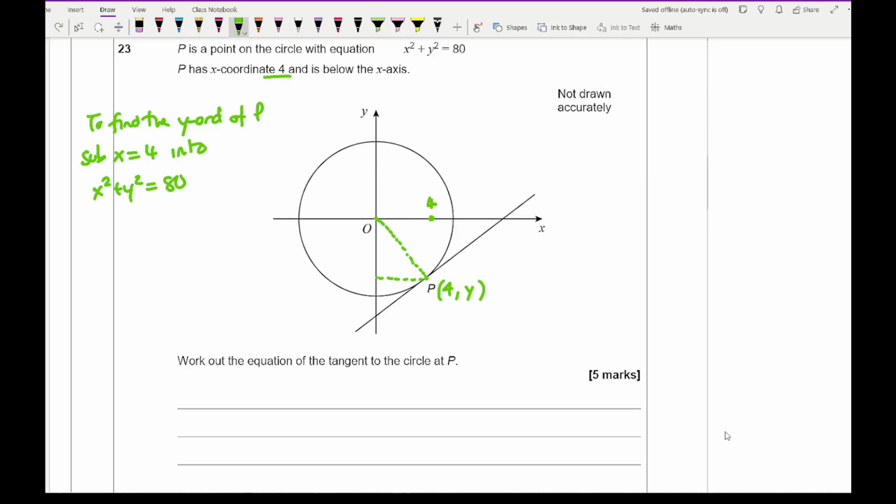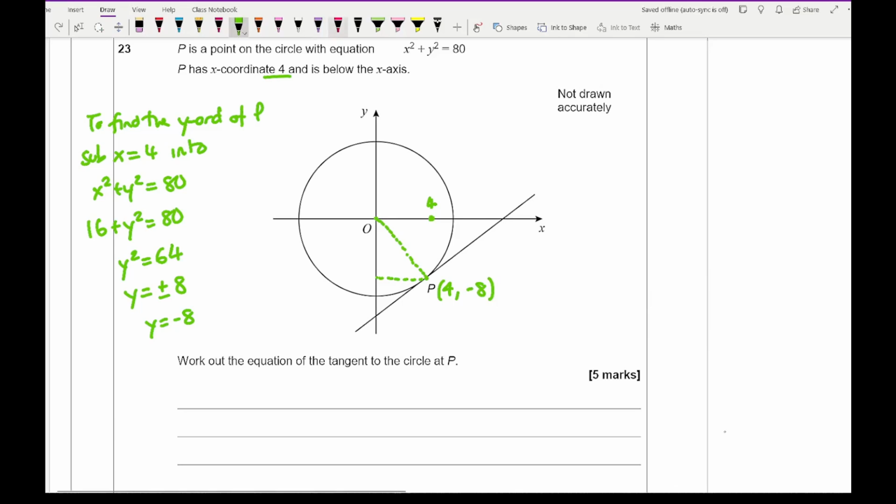If I substitute 4 into that, I get 16 plus y squared equals 80. So y squared equals 64. So y is going to equal plus or minus 8. Now, because we know it's below the x-axis, y is going to equal minus 8. So the coordinate for P is 4, minus 8.